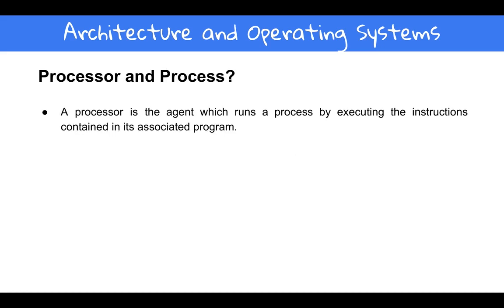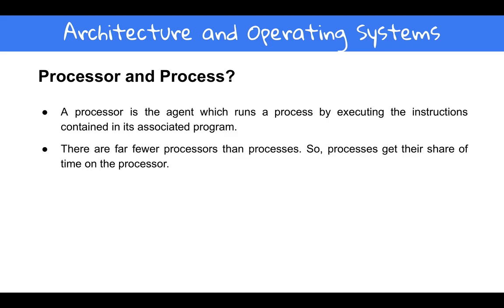Let's move on. I explained this before, but let's see the relationship between the processor and the process. A processor is the agent which runs a process by executing the instructions contained in the associated program.